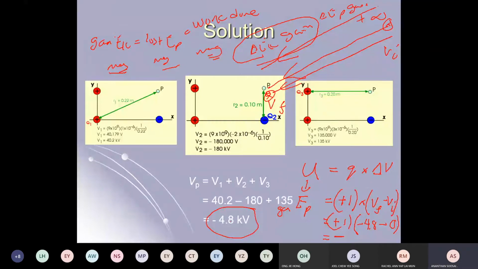Gain means kinetic will be positive, potential will be lost, negative. The magnitude is going to be the same. So remember, this is how potential energy and kinetic energy are related.